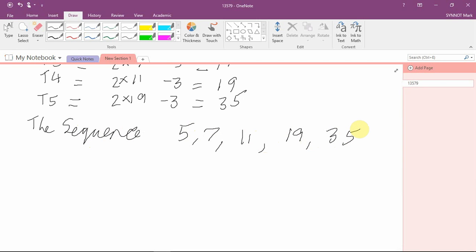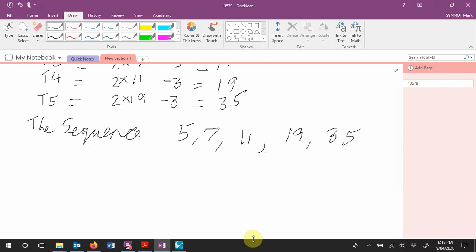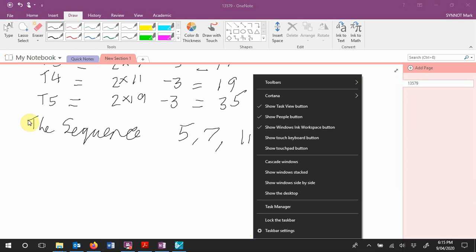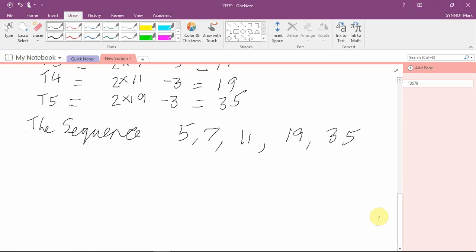All right, so the next thing we're looking at is what's known as recurrence relations. So recurrence relations.